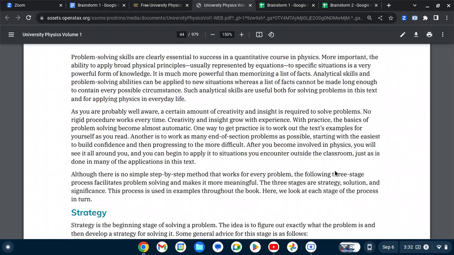Such analytical skills are useful both for solving problems in this text and for applying physics in everyday life. As you are probably well aware, a certain amount of creativity and insight is required to solve problems. No rigid procedure works every time. Creativity and insight grow with experience.